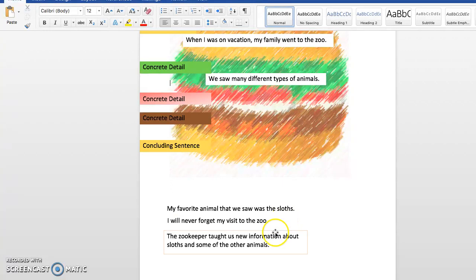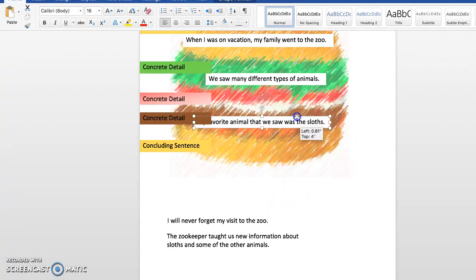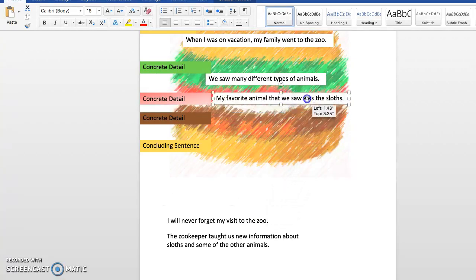That's great, but we still have some more information to include. So my favorite animal that we saw was the sloth is the best option for this. So when I was on vacation, my family went to the zoo. We saw many different types of animals. One of the animals that you saw, which happens to be this student's favorite type of animal, was the sloths.